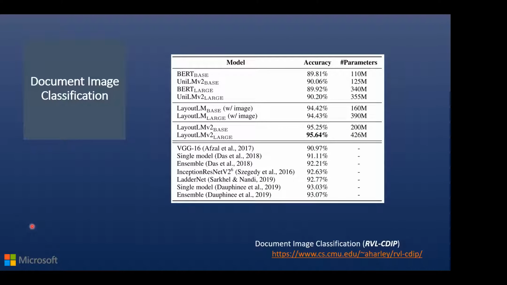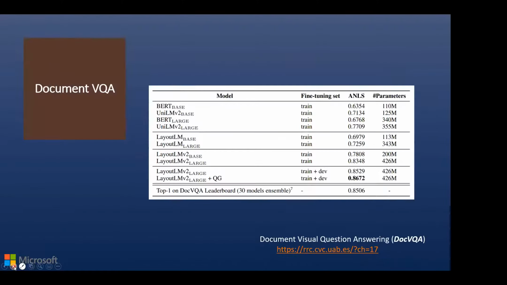Here's another task, document image classification. You can see that again, LayoutLM and LayoutLM v2 both work very well on this particular task. And lastly, document VQA. This is to answer questions based on documents, and you can again see that LayoutLM v2 does really well in this particular task.